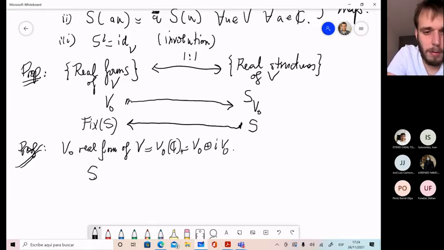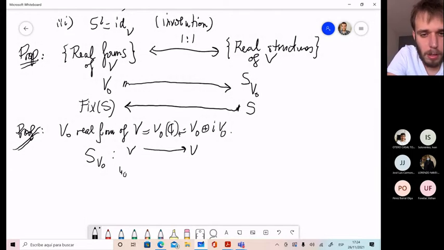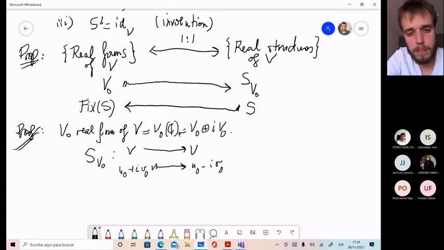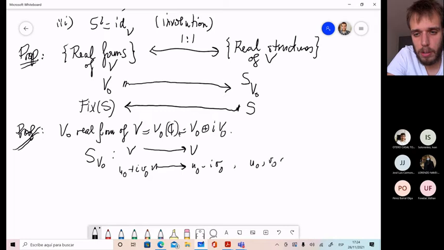And you define S_{V0} as this map, which takes this element into this other. And here, u0 and v0 belong to V0.